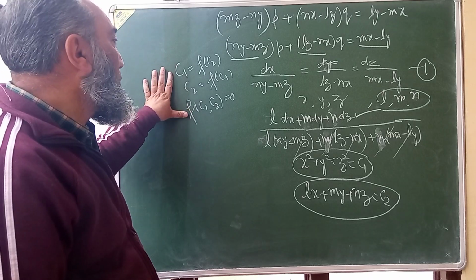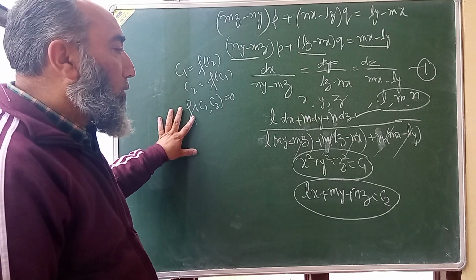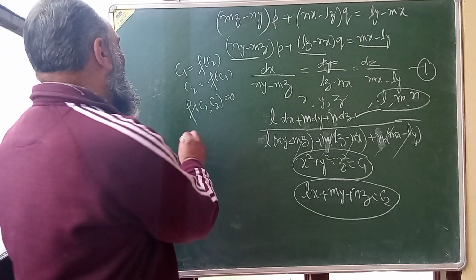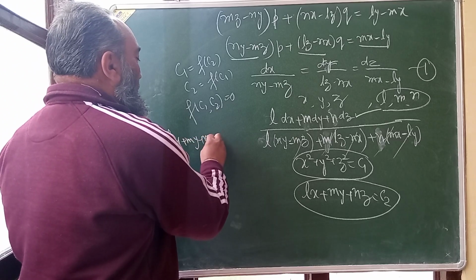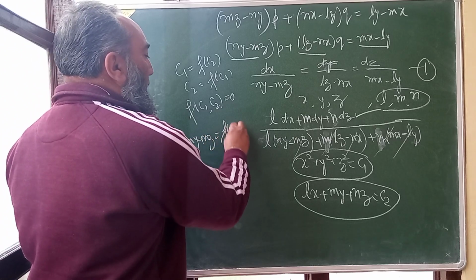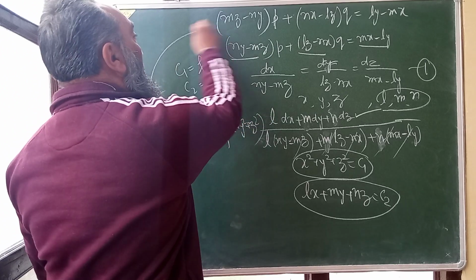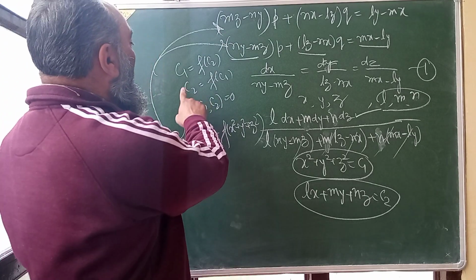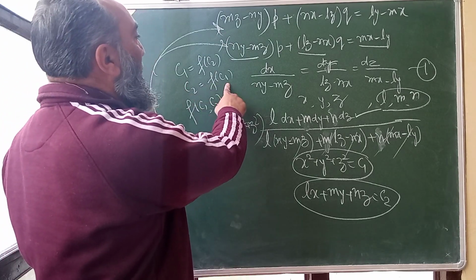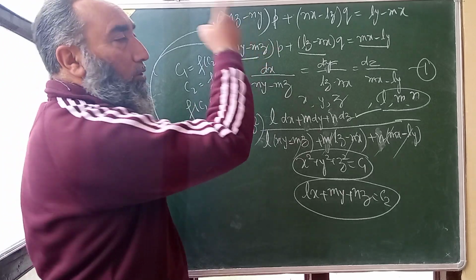You have seen that if it is lx plus my plus nz equal to a function of x square plus y square plus z square, then the solution is given by this, right? If you have C2 as a function of C1, then the function is this. If you have a function of C1 comma C2, the solution is this.